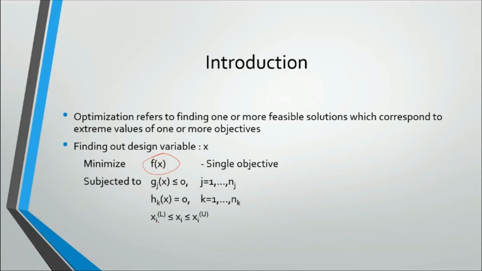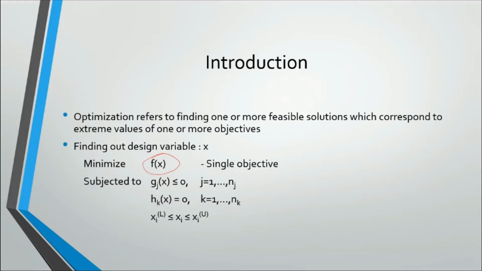Then x_i lower should be less than or equal to x_i, which is less than or equal to x_i upper. All the values corresponding to x can form a vector, with a number of variables. This minimization function can be a function of different variables, but all the different variables are together denoted as x.